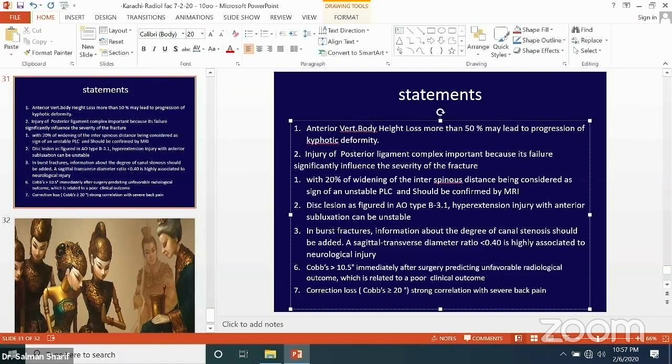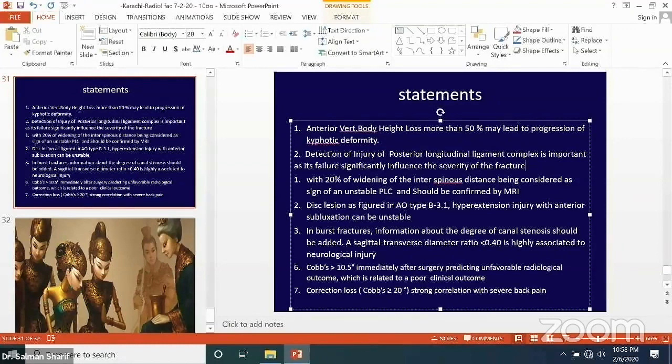Should I change that? Yes, okay. Detection of injury of the posterior ligament complex is important, as its failure significantly influences the outcome.